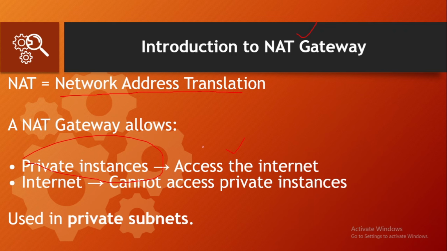Private instances can send requests to the internet, but the internet cannot directly access those instances. So in simple terms, a NAT gateway provides outbound internet access only. It is only one-way traffic while keeping your instances secure. This is mainly used in private subnets where we don't want to expose resources publicly.